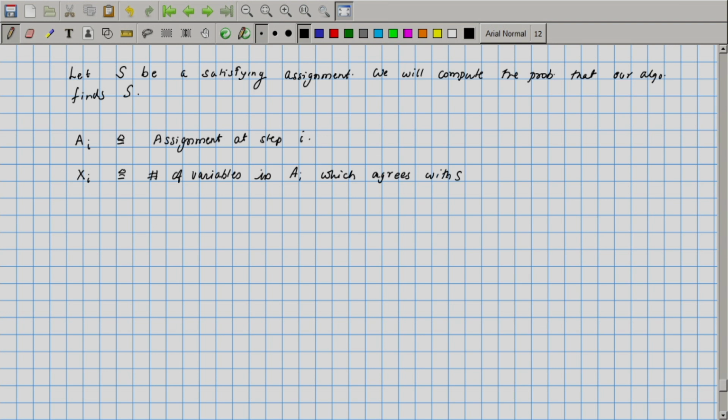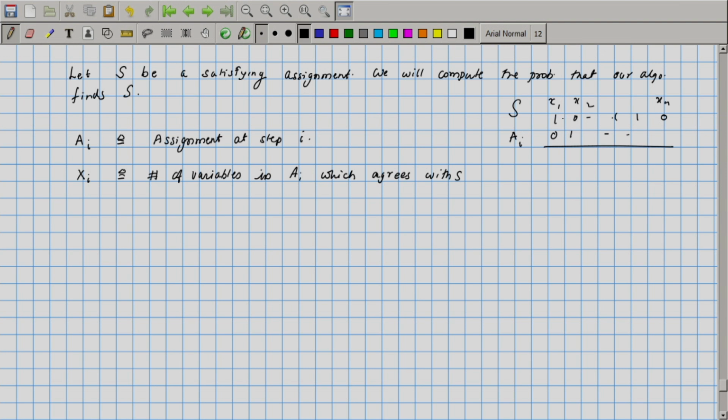So, S, let us say, is the following assignment to x1, x2, up to xn: a binary string like 1 0 1 1 0, and A_i is the assignment at some stage, say 0 1 and so on.